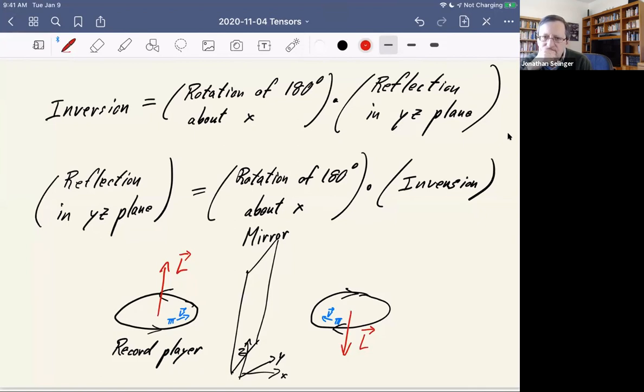But for the pseudo vector, I think the component in the mirror plane would change sign under this mirror transformation, right?